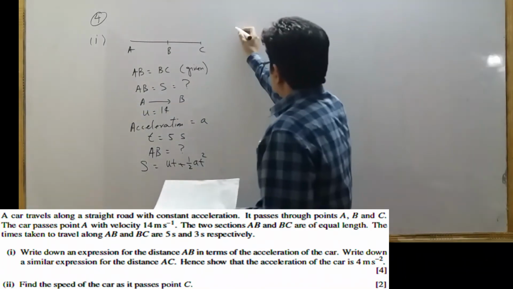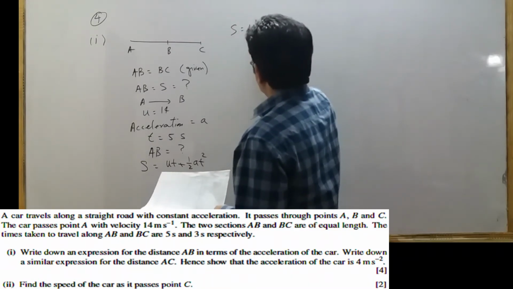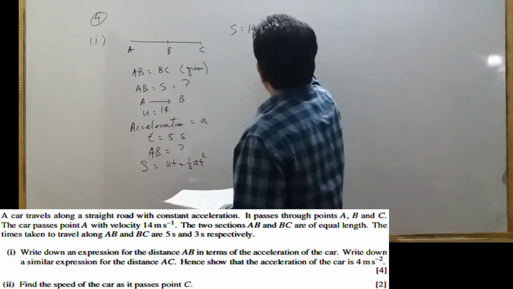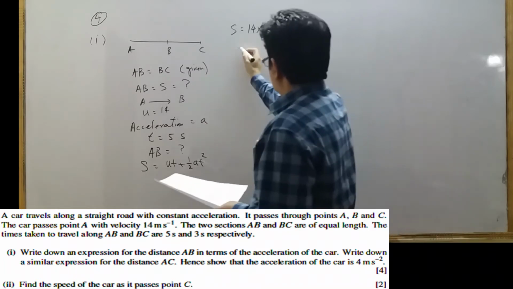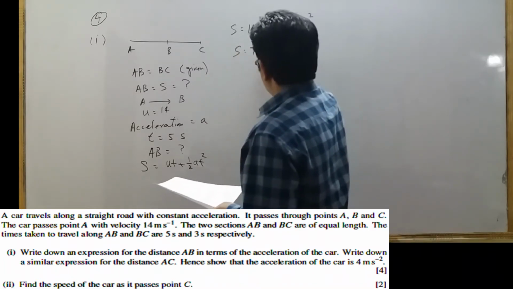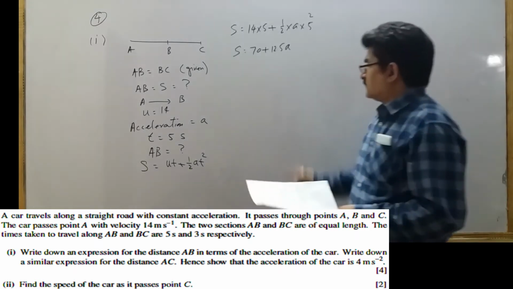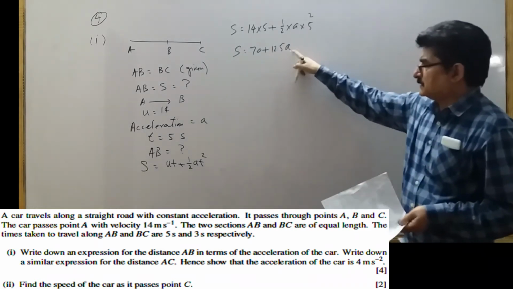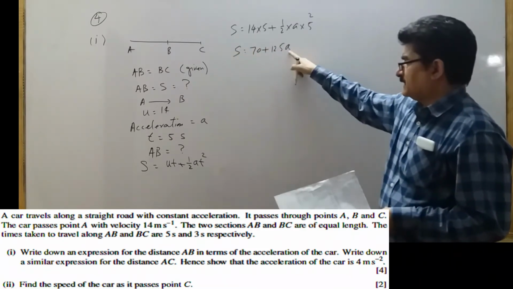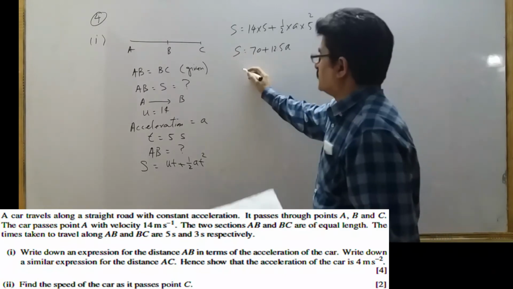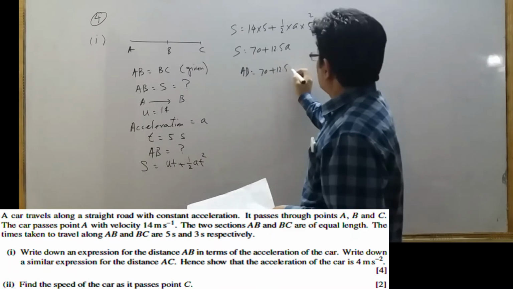Putting the values, we have s is equal to 14 into 5 plus 1 over 2 a into 5 square. This is equal to 70 plus 12.5a. Now see that the new situation is that we don't have the exact value of s because here a is unknown. However, this is the answer to first part.